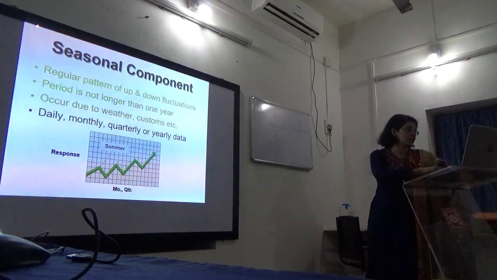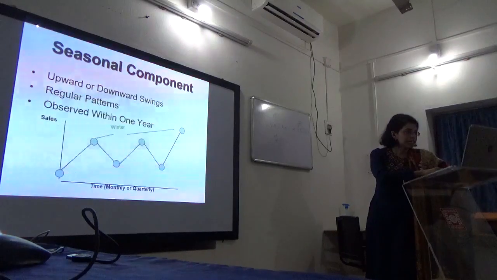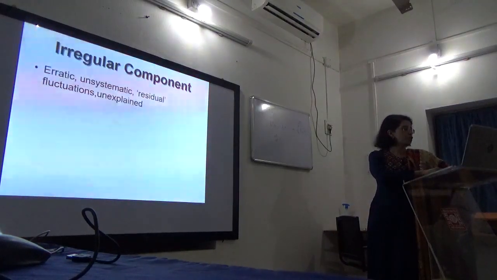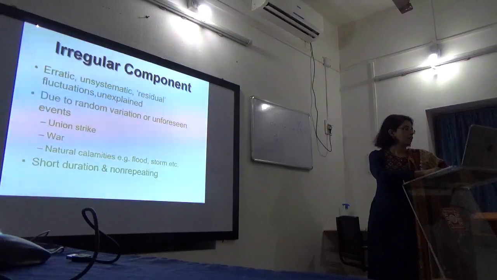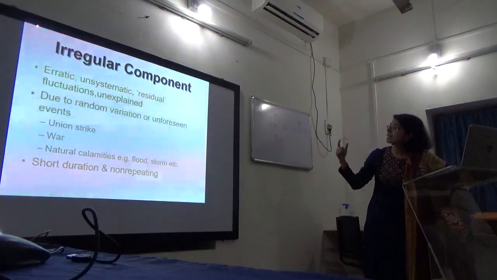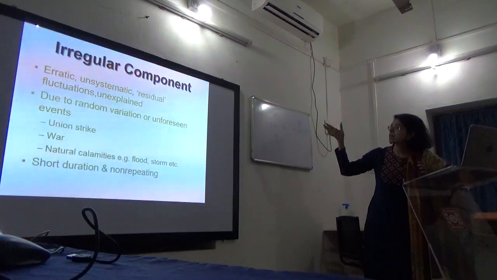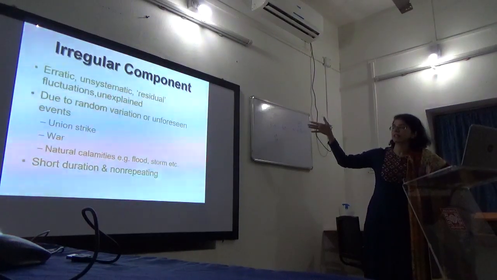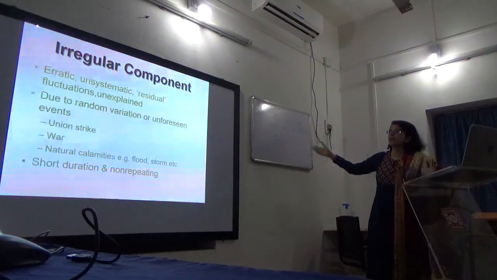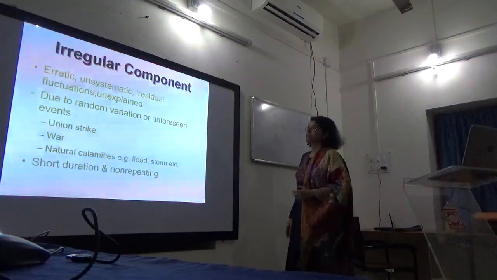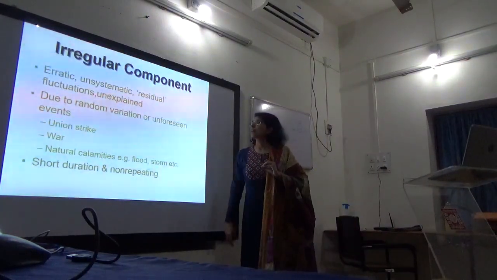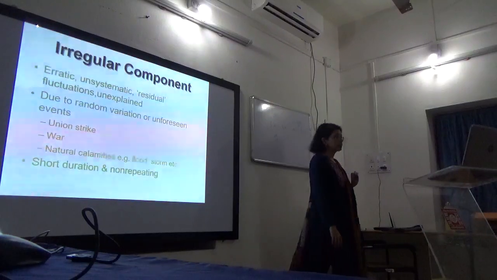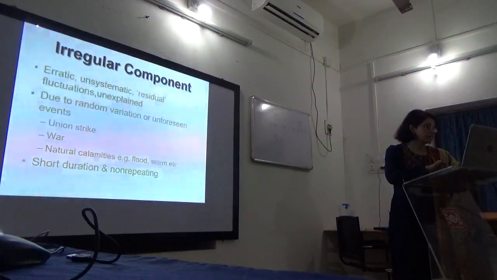So this is the seasonal component. But for the cyclical component, I am going to show you. Okay. Well, I think the irregular component comes before that example of the cyclical component. Let me quickly go through the irregular component, and then I'll go to the example of the cyclical component, because I have a number of good examples regarding it.